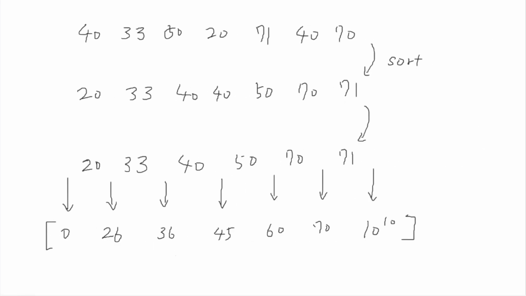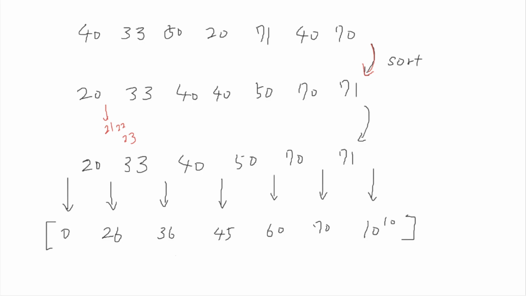So I hope you comprehend the problem. So let's talk about the solution. First, it's better to sort it in order. And then you may find out how to make borders. I mean, x being 21 or 22 or 23 is the same.